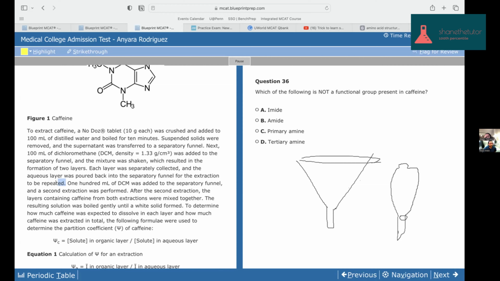Okay, what else can you tell me about the separatory funnel? Like, when is something like that used? When you want to increase the purity of something.